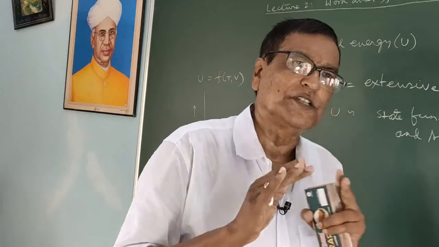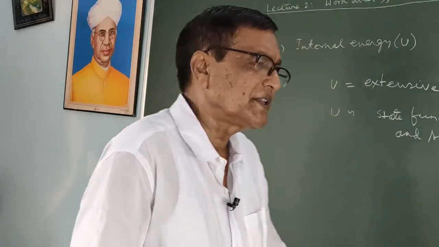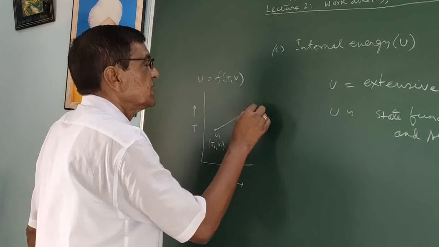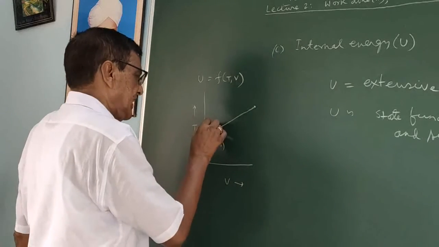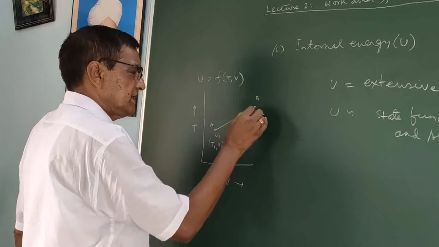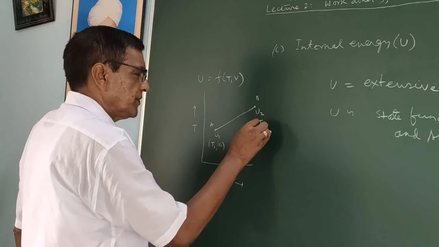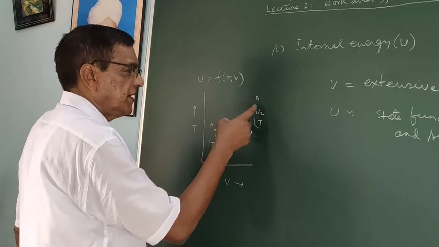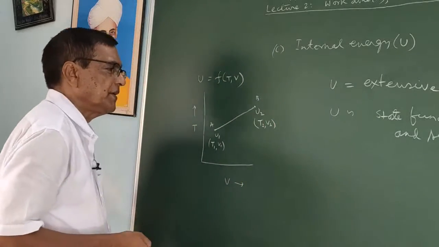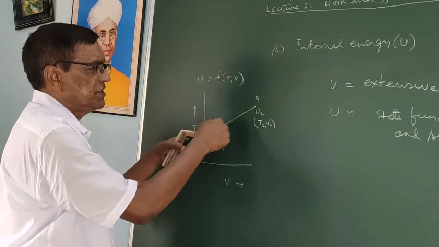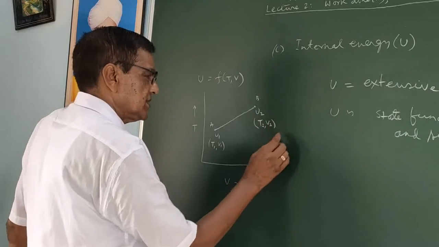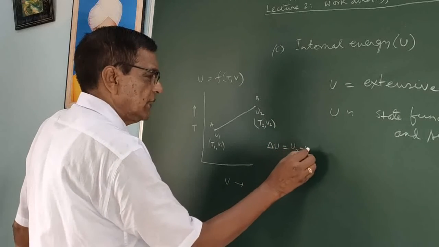This convention will continue throughout the whole thermodynamics chapter. Suppose the system moves to this state, from A to B, with internal energy U2 at T2 and V2. Whenever the system changes its state, the internal energy also changes. This change in internal energy is equal to U2 minus U1.